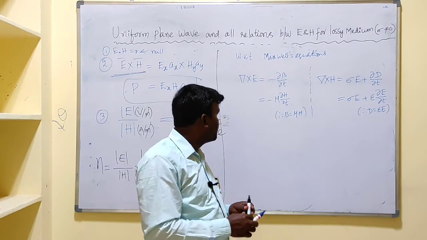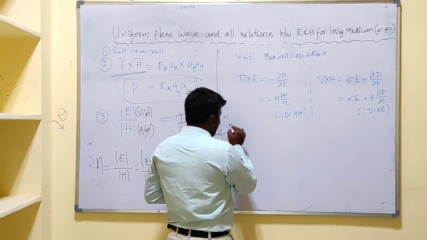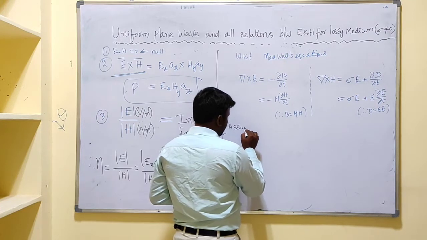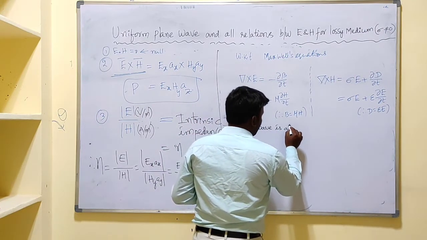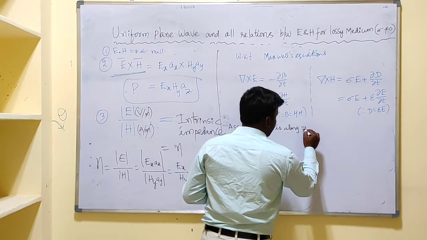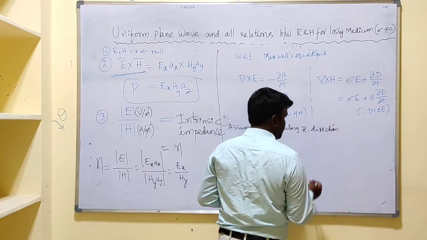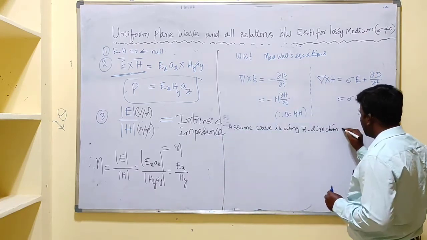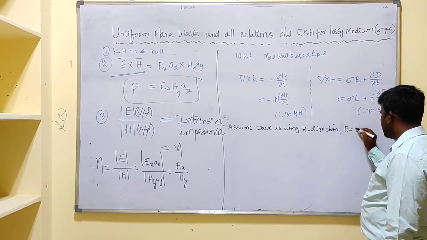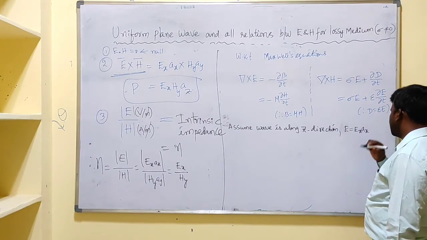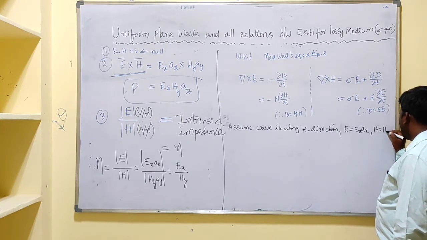Now let us simplify this. Assume the wave is traveling along the z direction, and E is along the x direction, so E should be taken as Ex Ax, and H along the y direction.